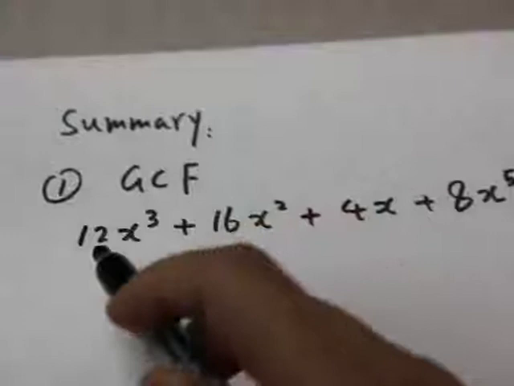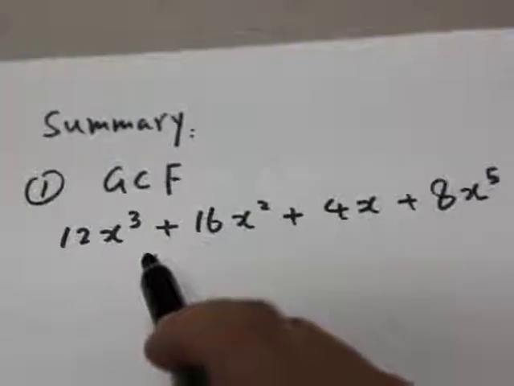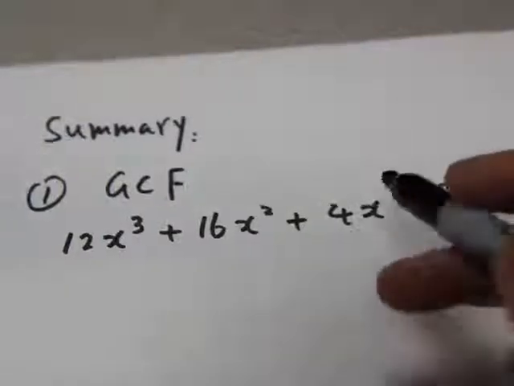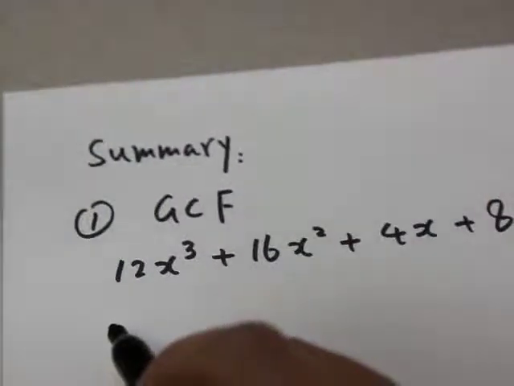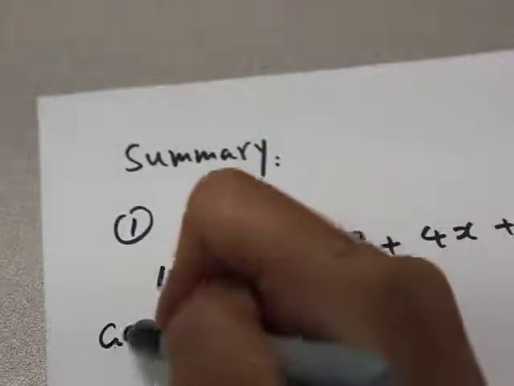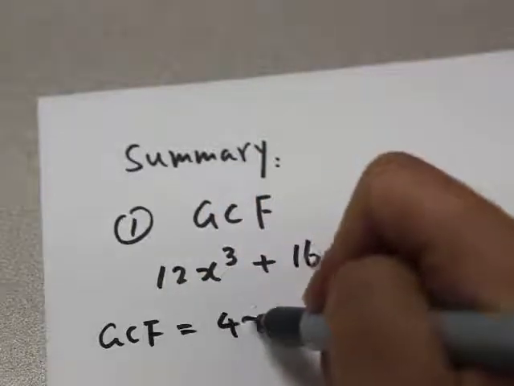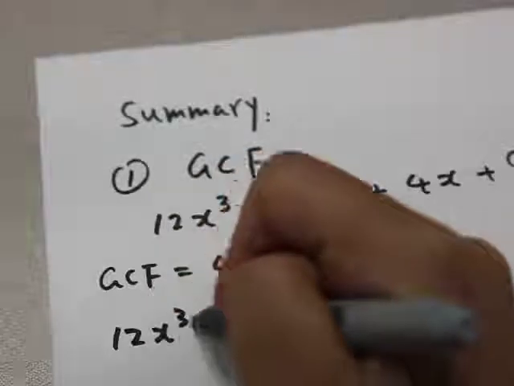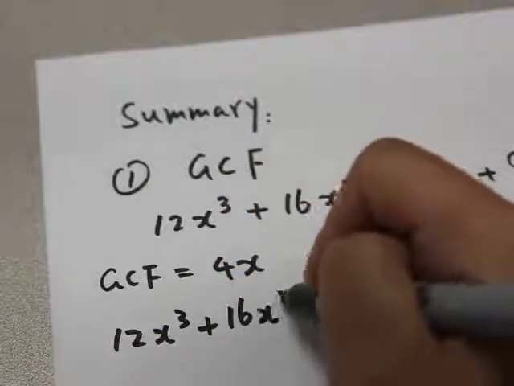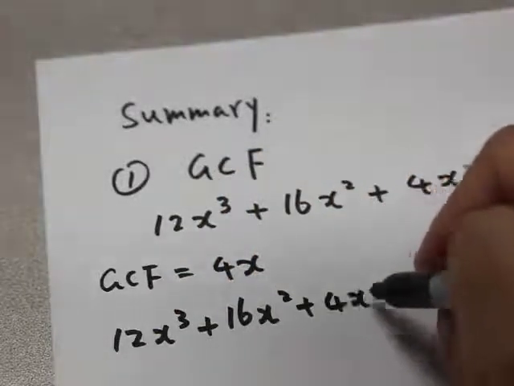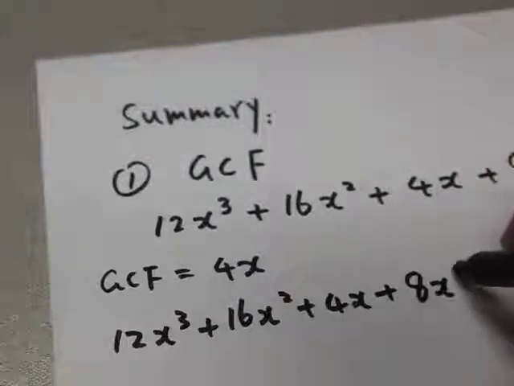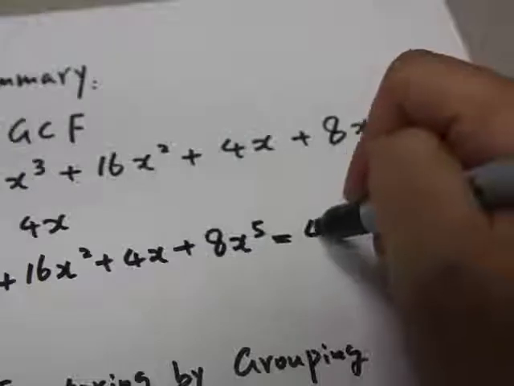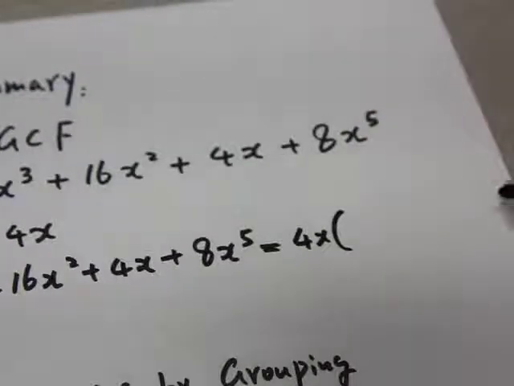For example, in this polynomial, every term has a common factor, which is 4x. So, to factor this polynomial, we can factor out this greatest common factor, 4x.